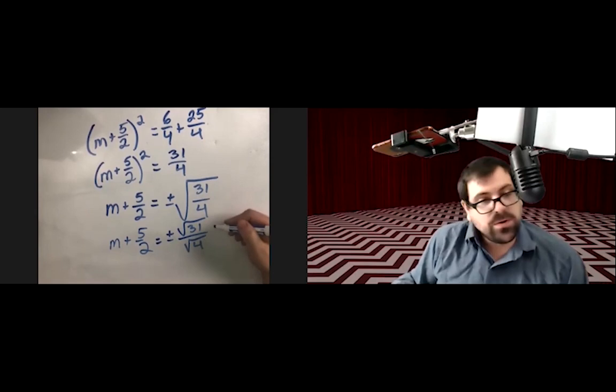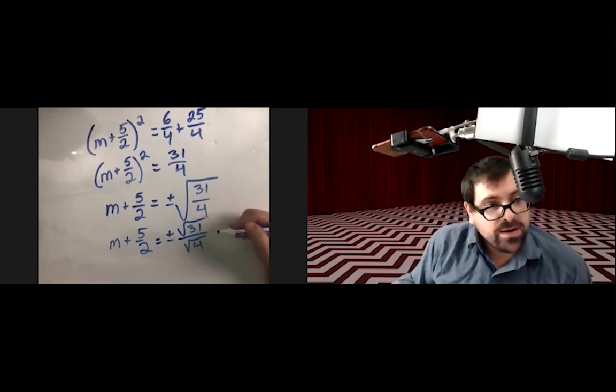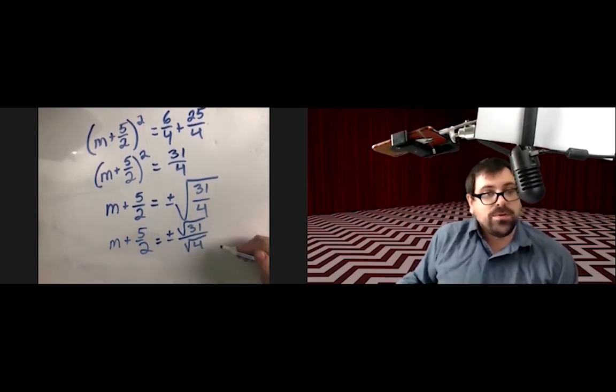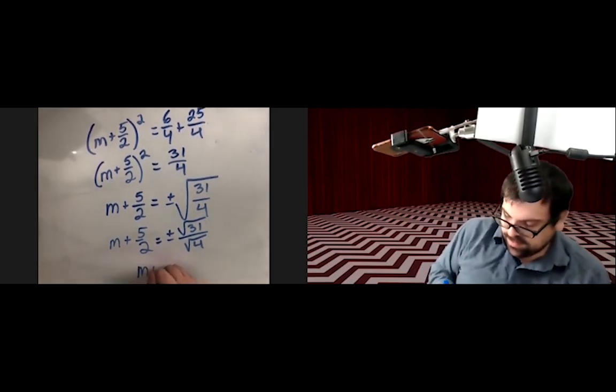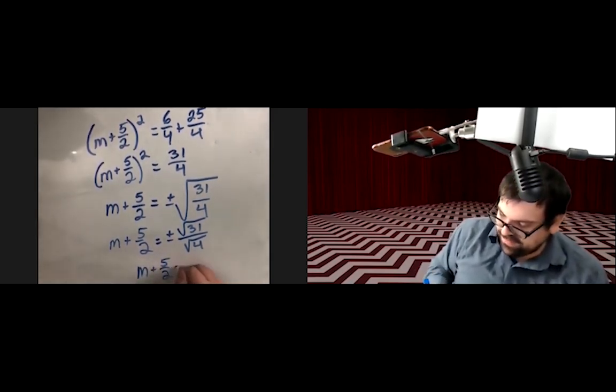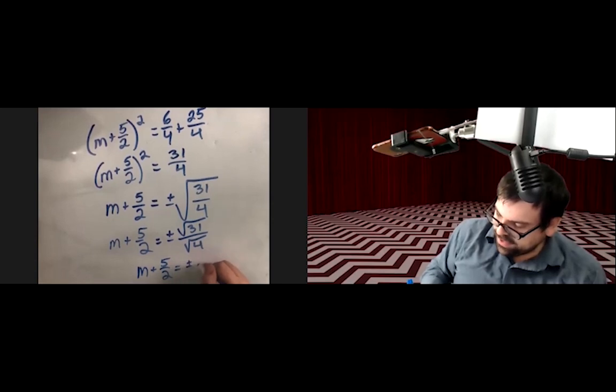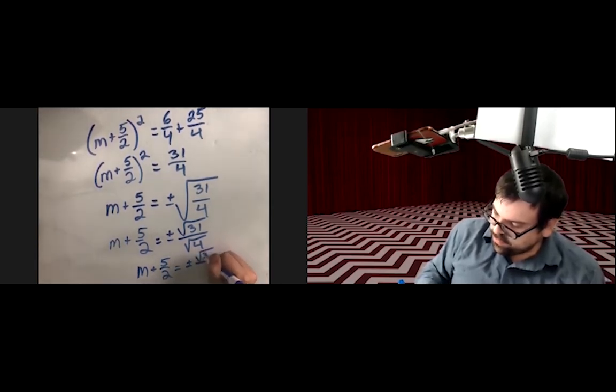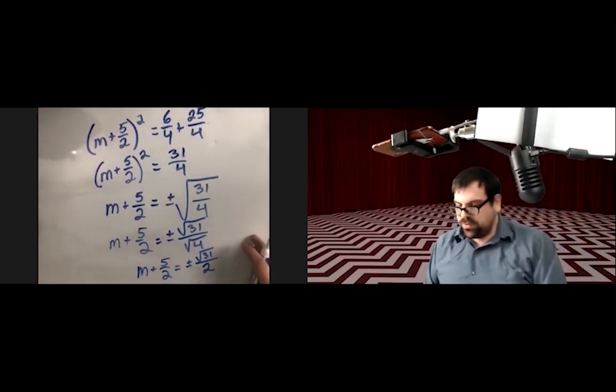We don't know what the square root of 31 is. We can't simplify that at all, but we do know what the square root of 4 is. m plus 5 halves equals plus or minus square root of 31 on the top, 2 on the bottom.